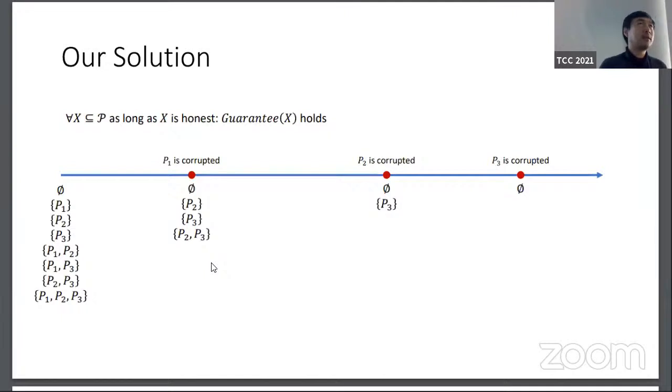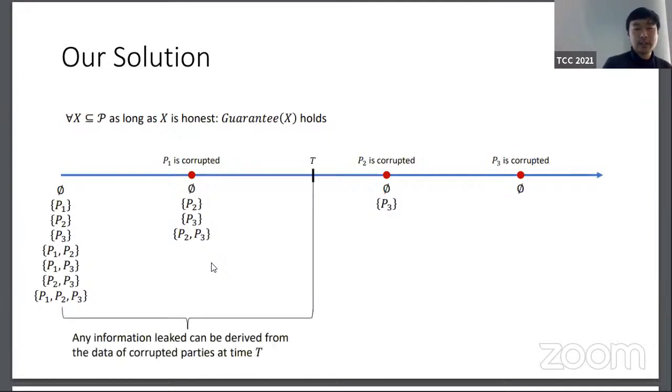And we will give an instantiation where the guarantee will ensure the following. Intuitively, what we are saying is that any information that is leaked up to time t, I can explain with the data of corrupted parties at that specific point in time, and this holds for any point in time.